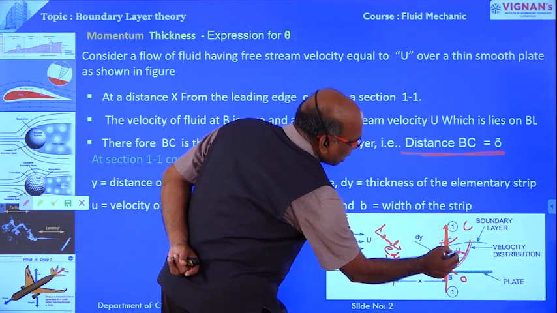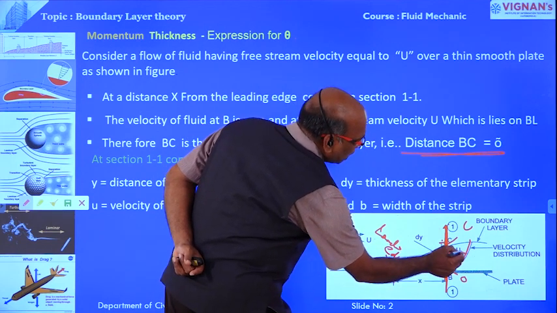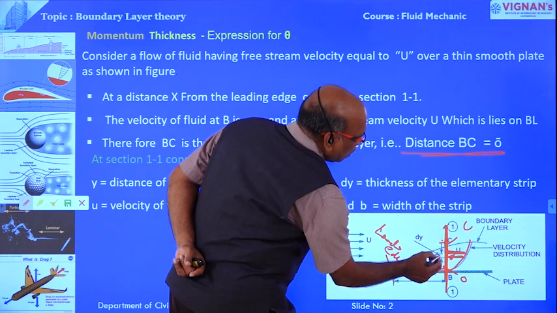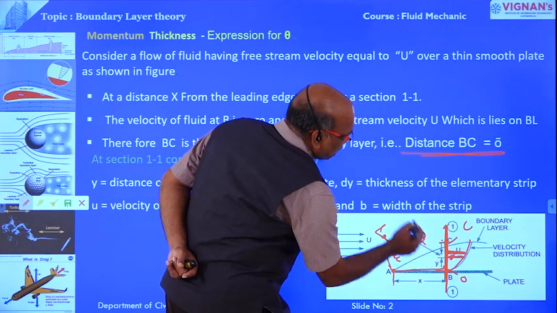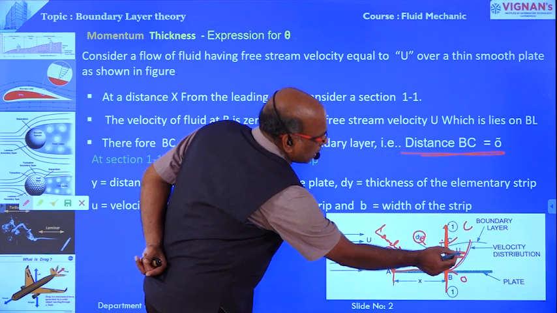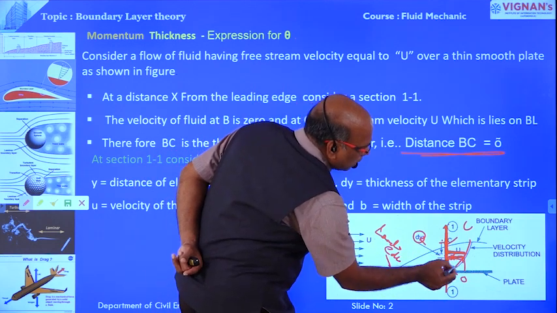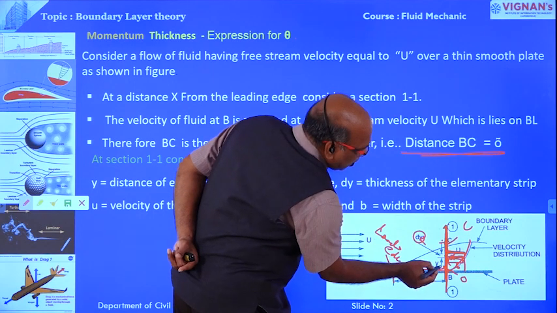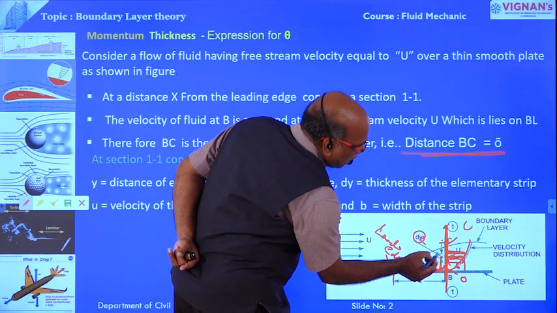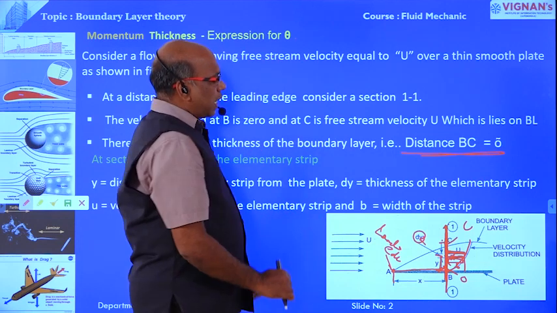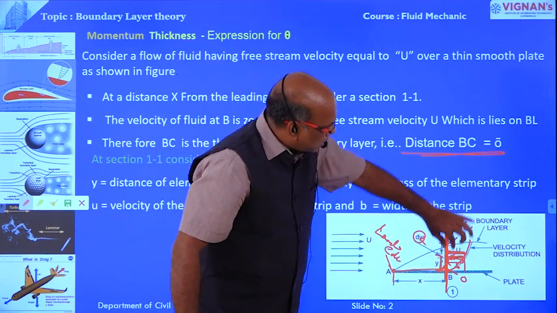Consider a small element at section 1-1.